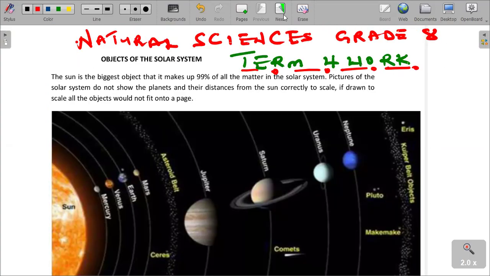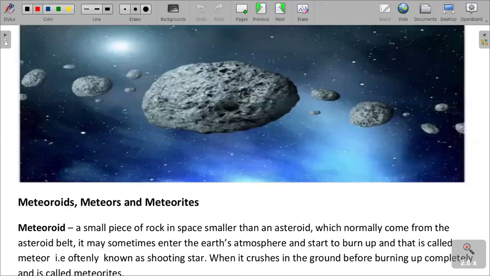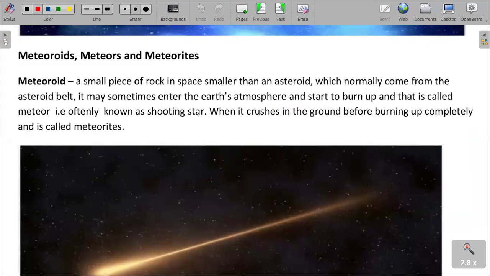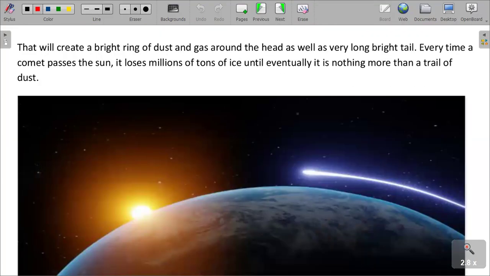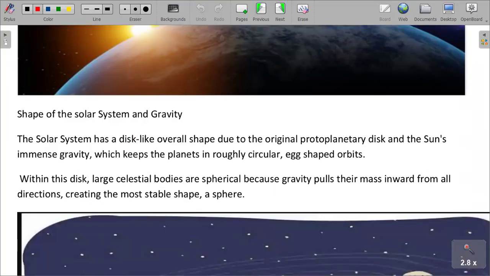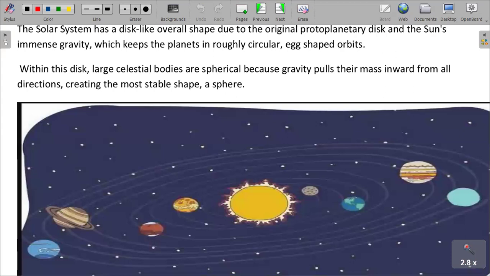All of these will be discussed in today's class, where we will understand various terminologies and areas of concern with regards to what we call shooting stars and meteoroids. We will also look at the shape of the solar system and gravity.